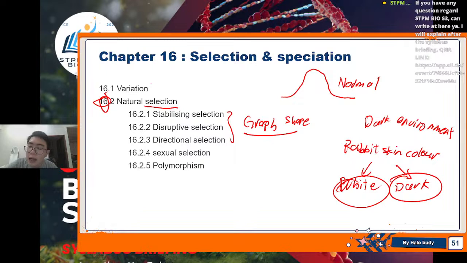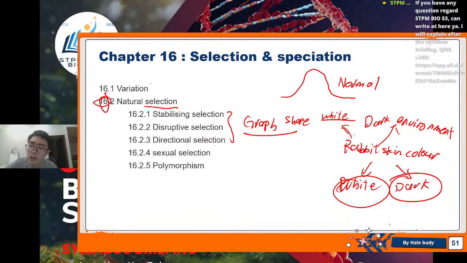So how does the rabbit get this kind of skin color? Because it is based on the environment. The original rabbit has white color.